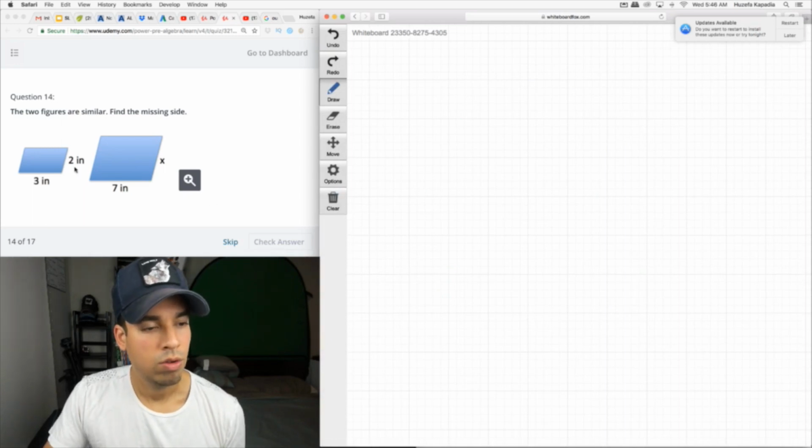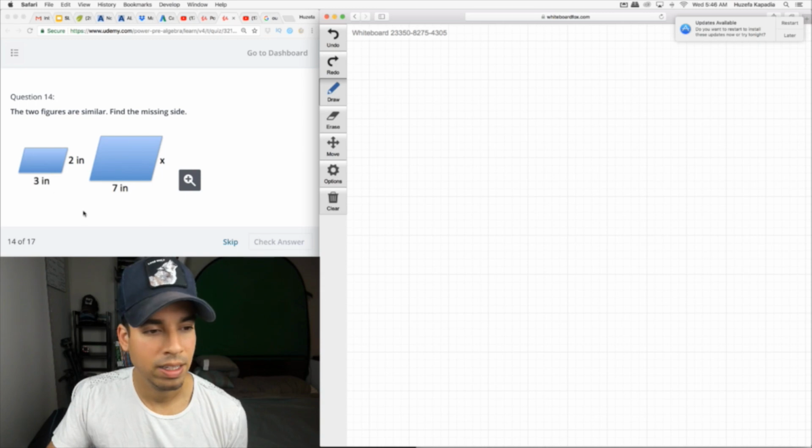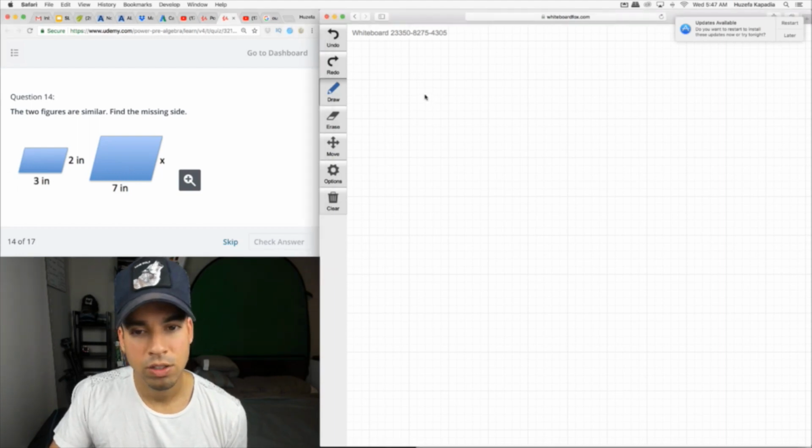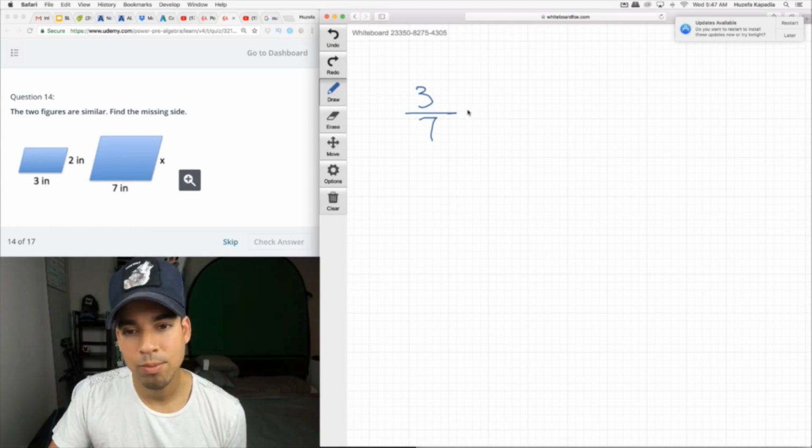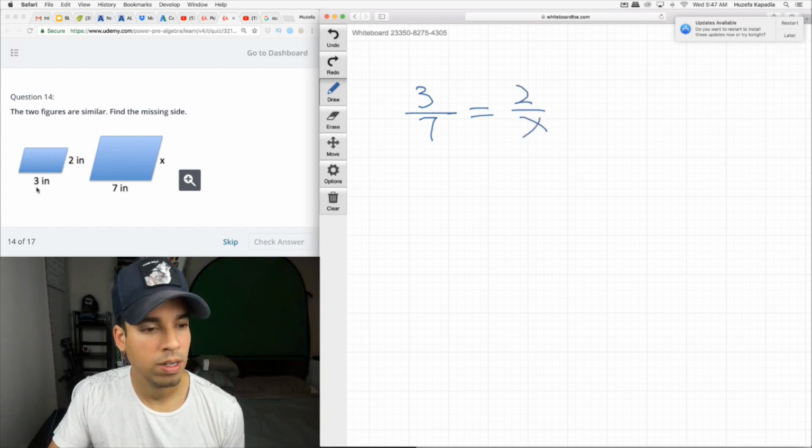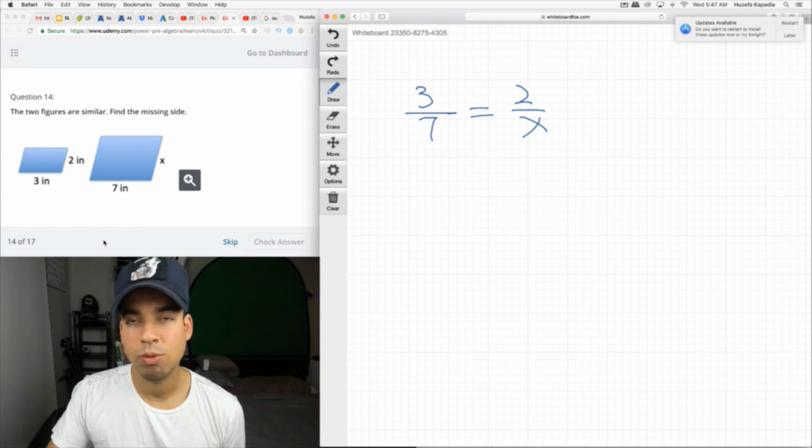All right. Question 14, find the missing side. These two are similar, meaning the angles are all equal and the sides are proportionate. So how do we do this? We just set up a proportion. This side is equivalent to 7, so we could say 3 is related to 7 in the same way that 2 should be related to x, right? The corresponding sides have a common proportionality.